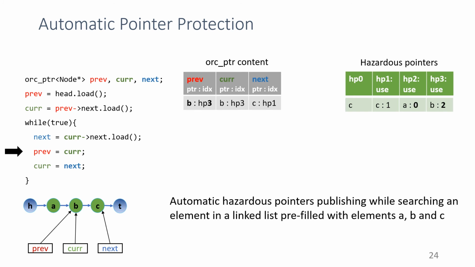Now prev is assigned cur, so it has to increase use to 2, and HP2 is now available. Now cur must be assigned next, which is C, but cur is using HP3, which is in use by 2 local references. It must search another pointer to the right of HP1, and it's HP2, and it's set to C.